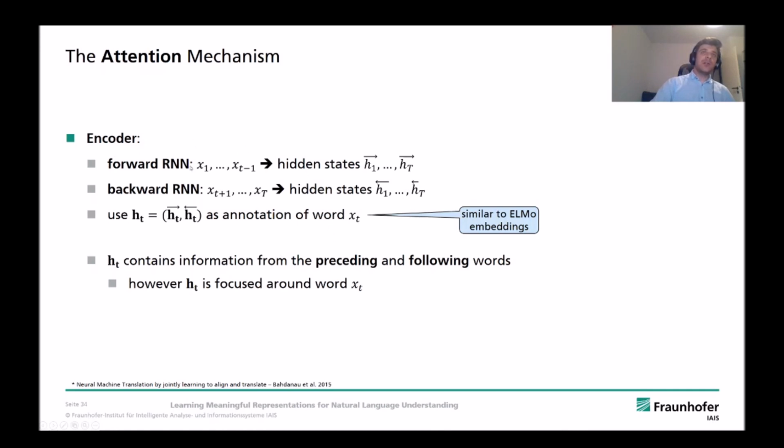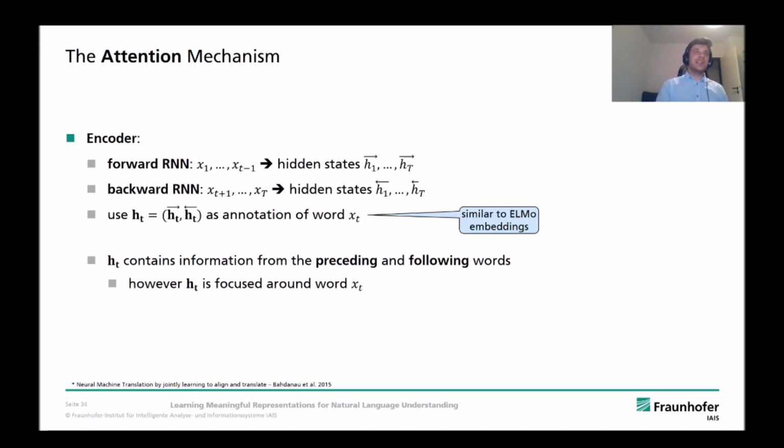Now, the encoder will produce an output, which is a single hidden vector, of course. And this would be a bottleneck, because this single hidden vector has to capture all of the information of all of the words in the sequence before. And to avoid this, the attention mechanism was created.